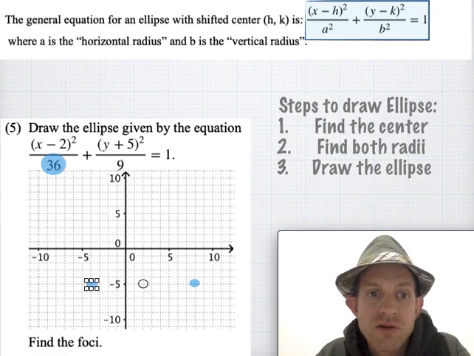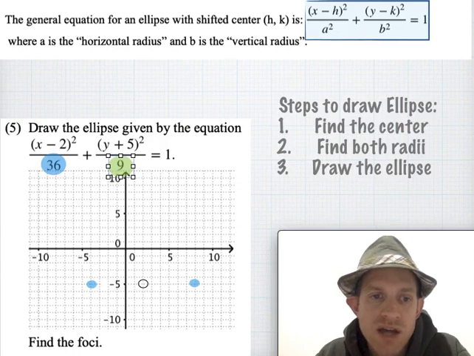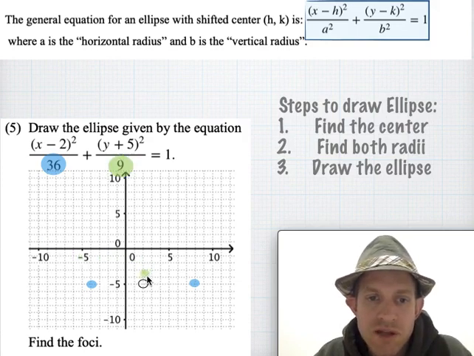If we think vertically, again, b squared here is 9. And so we would find the vertical radii, I suppose is the word I'm looking for. We're going to go up and down 3. And so 1, 2, 3 puts us at here.